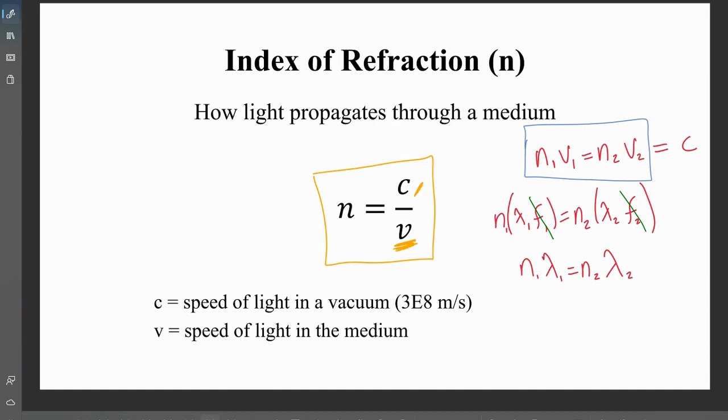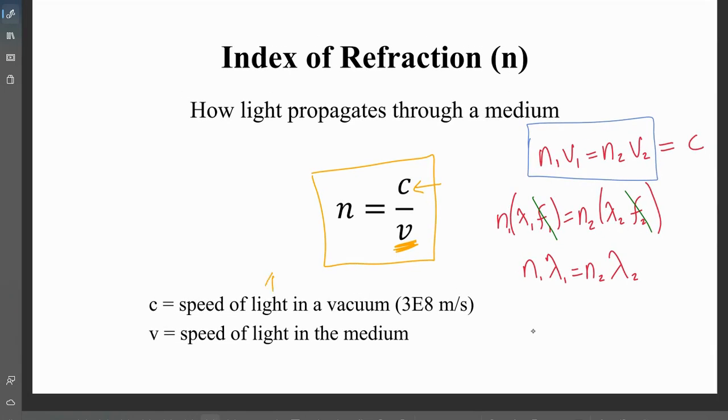Which means if you're going slower than the speed of light, and we can never go faster, you have c divided by a number that is smaller than c. So you get index of refractions from one and up. You can never have an index of refraction less than 1, because that means you're going faster than the speed of light, which does not happen.